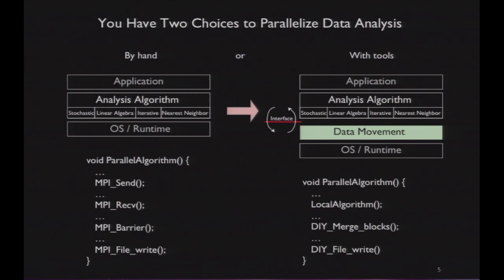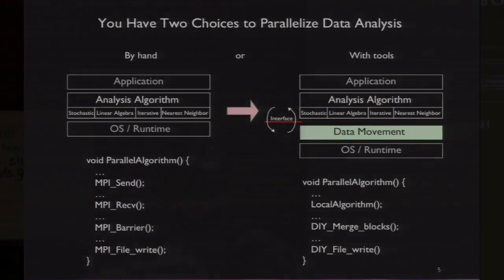And when you're all done, you go on to your next problem and start over again from a blank page. That's the way I started, and that's the way we all start. After a while, you realize that this pattern of MPI calls kind of repeats. It's some kind of global reduction or neighborhood communication, some variant of a couple of core kernels that I use over and over again.